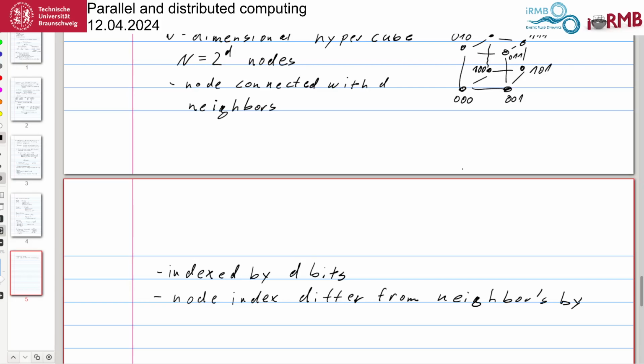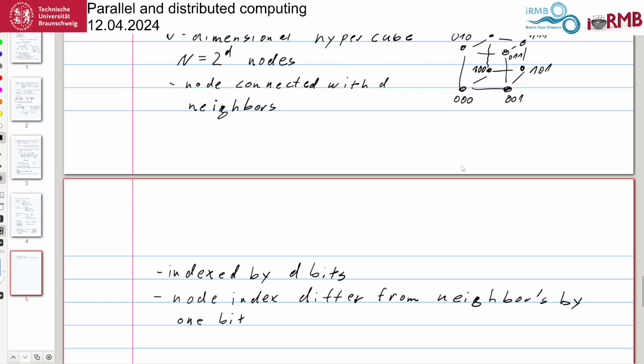Still, the same would hold if you have an index that differs by just one bit from your own index. You can access this computer directly over this link. A node's index differs from its neighbors by one bit.